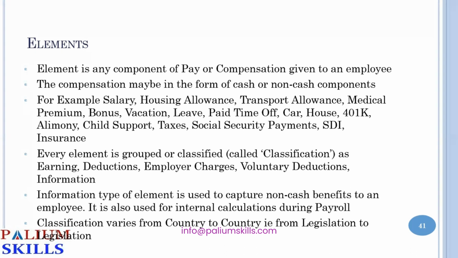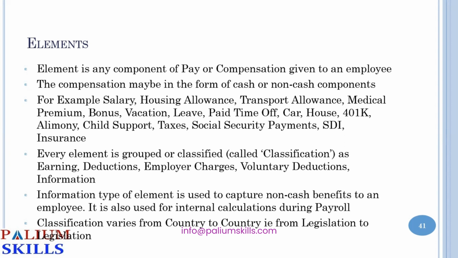Only those elements that are assigned to an employee are processed by payroll. Anything that is not assigned is not processed by payroll. And these elements differ from legislation to legislation, that is from country to country.